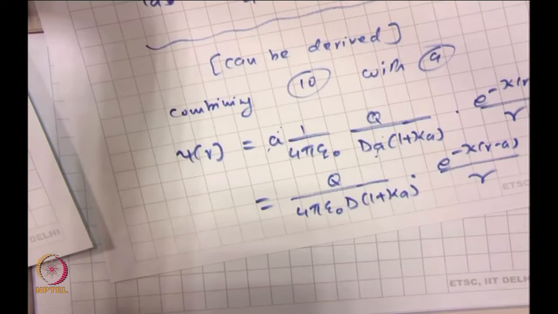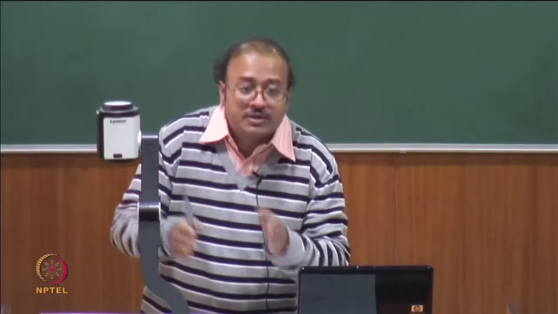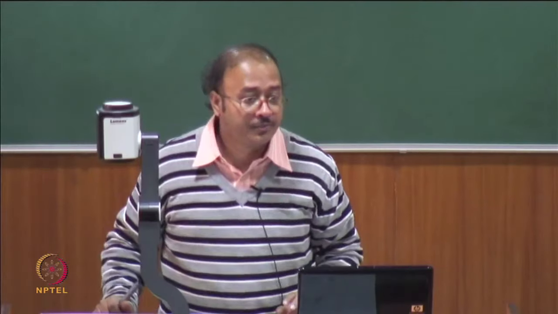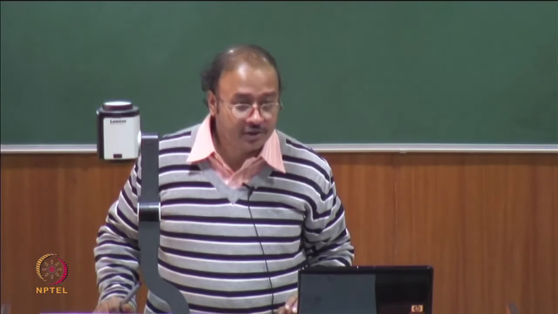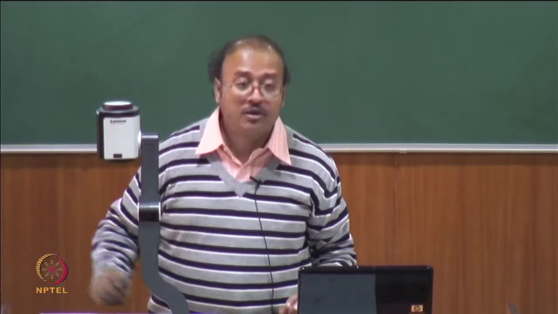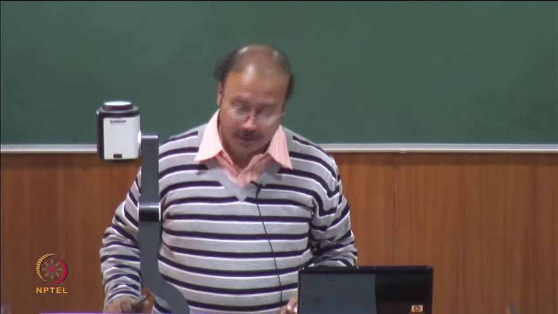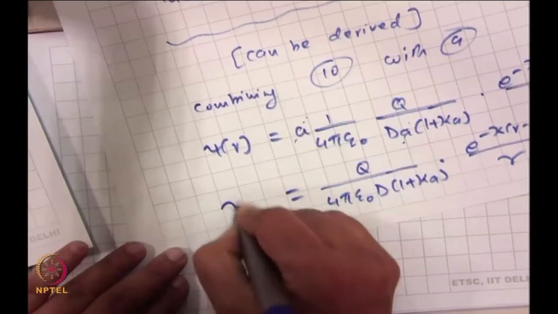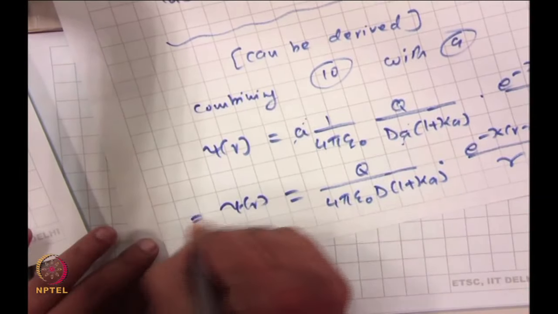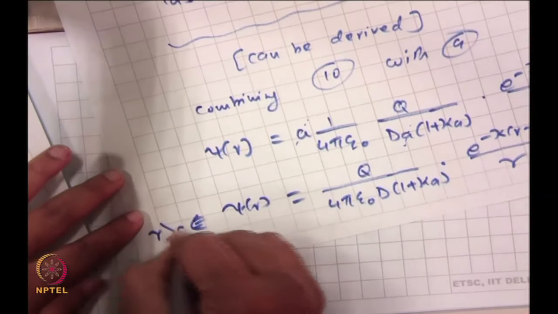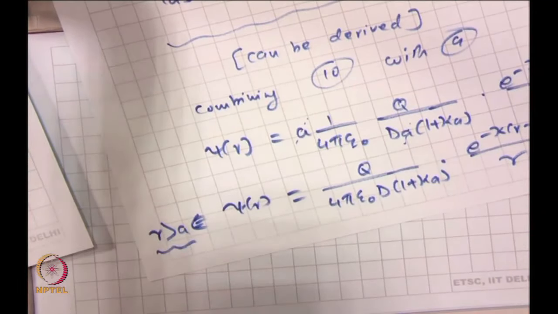It is a small change in the denominator, and the other big thing is the exponential dependence upon the distance r, remembering that r is greater than A all the time.